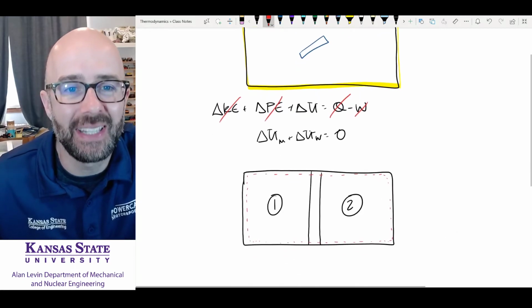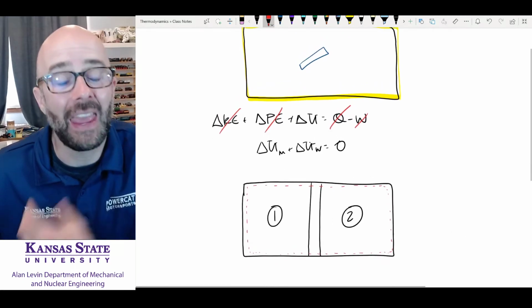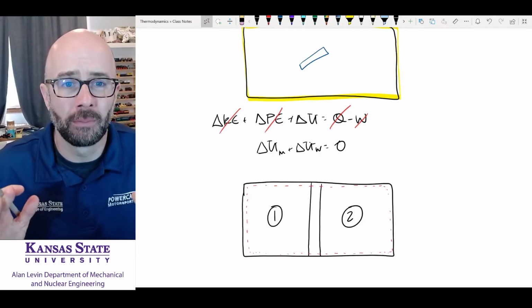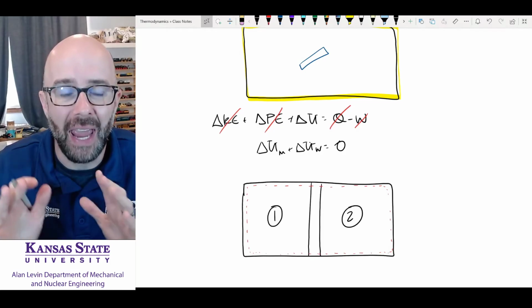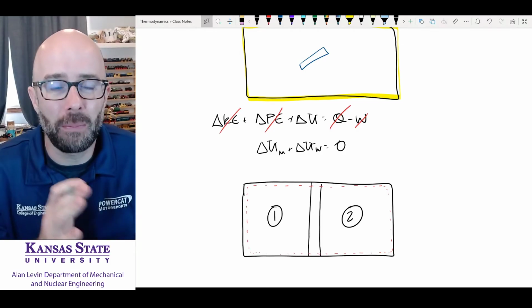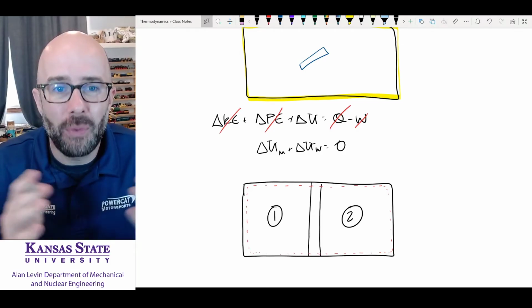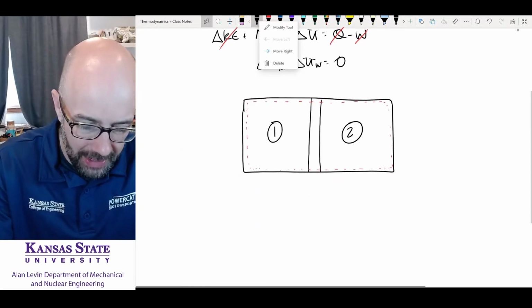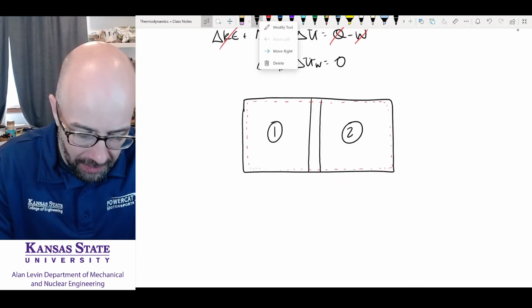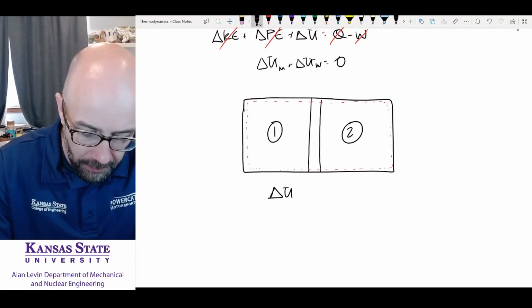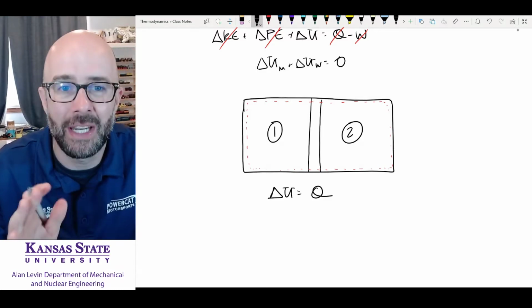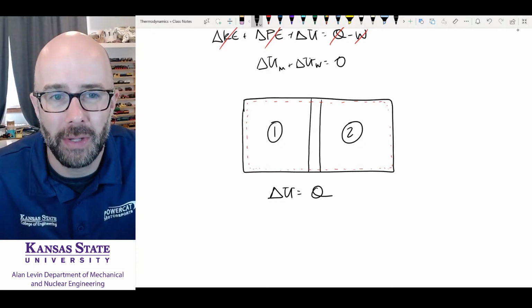We have two different materials. Now they happen to both be air, and that's what maybe confused some of you. They're both air, but they're starting at different places. So if we were to get down to that question, we would have delta U is equal to Q, because there was some heat transfer in this problem.